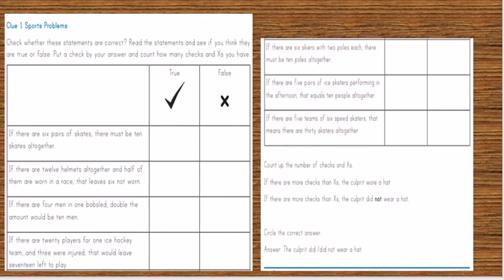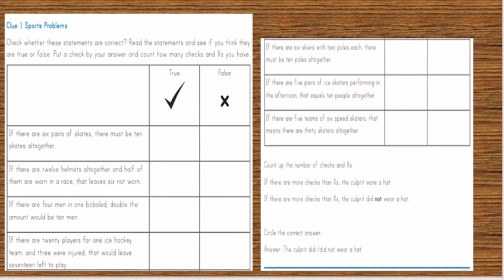Pause the video, solve, and mark true or false. Number 6, if there are 5 pairs of ice skaters performing in the afternoon, that equals 10 people altogether. Pause the video, solve, and mark true or false.